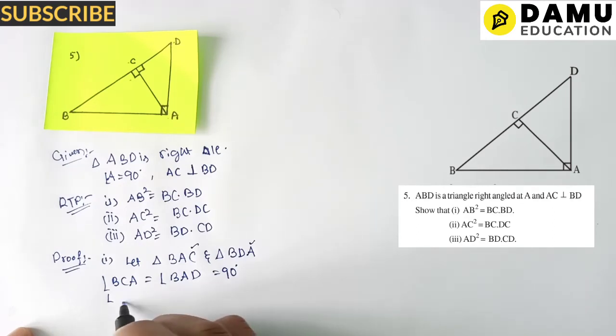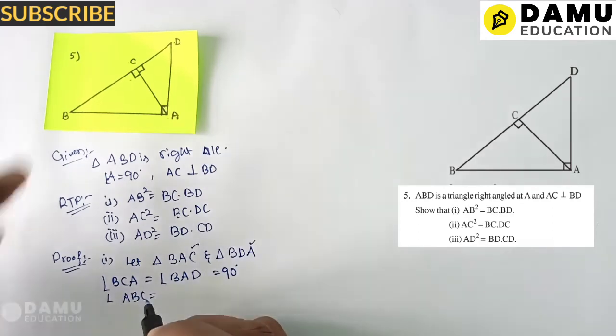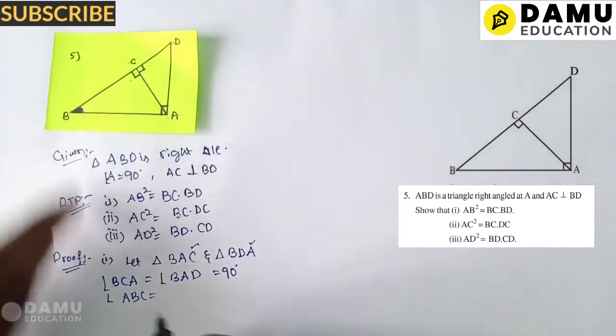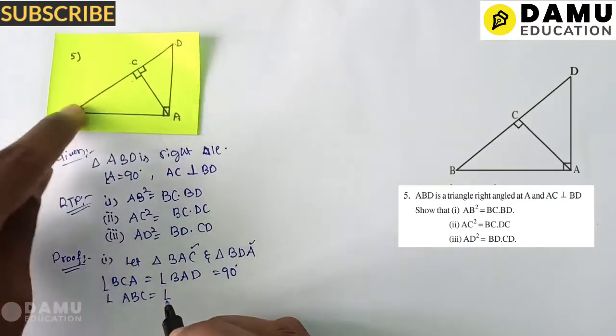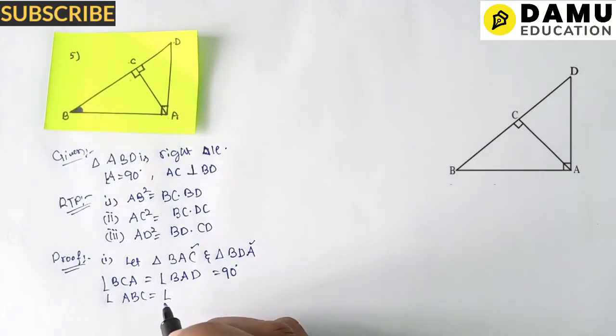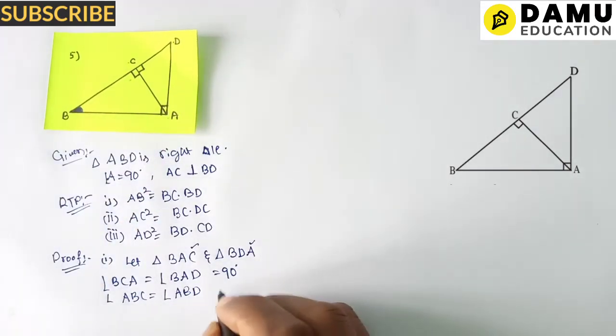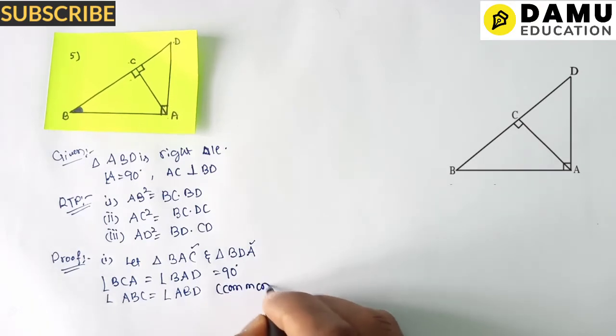Angle ABC, this angle is common in both the triangles. Angle ABC is equal to angle DBA, or ABD. So that is the common angle.